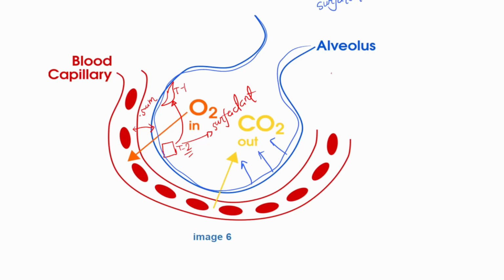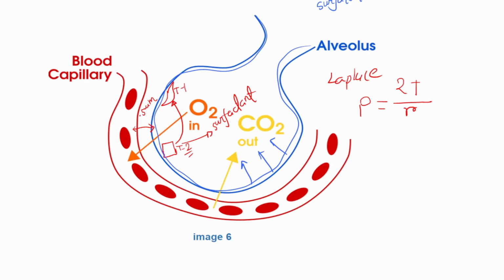According to the law of Laplace, the collapsing pressure generated inside a spherical structure, which we denote as P, is directly proportional to twice the surface tension and inversely proportional to the radius r, written mathematically as P = 2T/r. You need to understand that all alveoli are not the same in size.